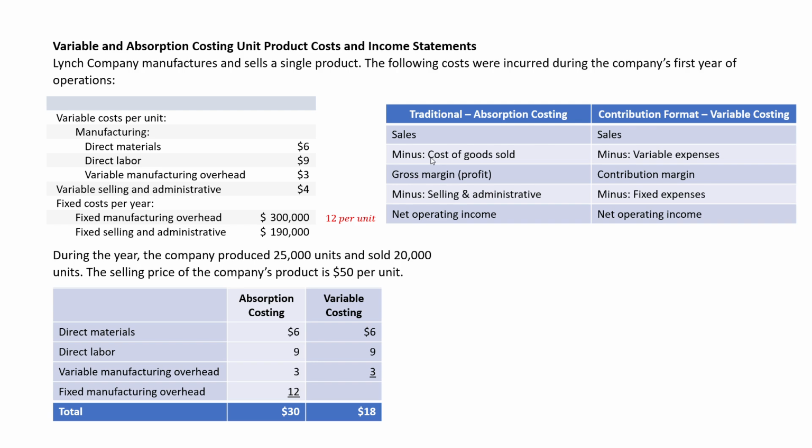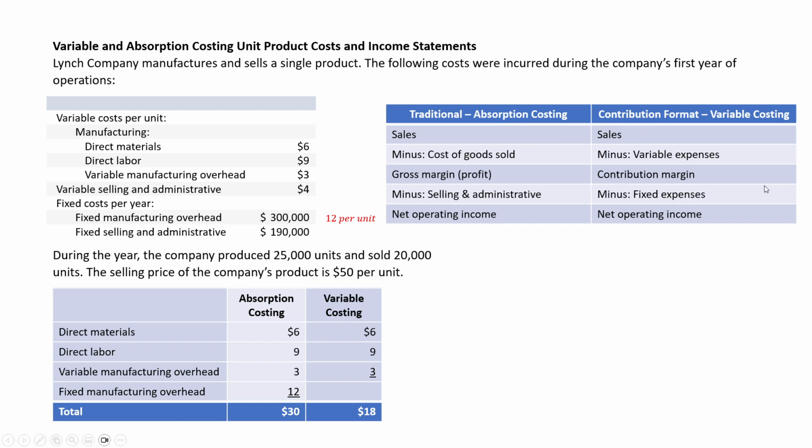I don't care whether they're variable or fixed, all of our product or manufacturing costs, and we get what's called gross margin or gross profit. Again, we can even go back to our financial accounting class, and that's what it looked like. Now, we also have to subtract out our selling and administrative or period or non-manufacturing costs to get our net operating income. That was prepared according to absorption costing.